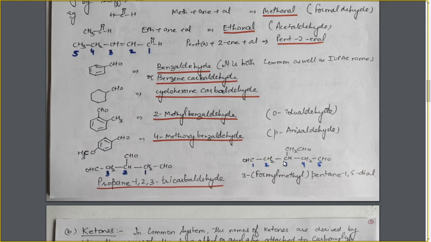Now how can we write the name of this compound? Yes, first of all we will discuss the name of this substituent. In this CHO group, it is taken as the substituent, and when the CHO group is taken as the substituent, its carbon is not included in the main chain and it is indicated as formyl. So this CHO group will be formyl, and it is placed on this CH2 group, and this CH2 group is a substituent on this carbon chain.